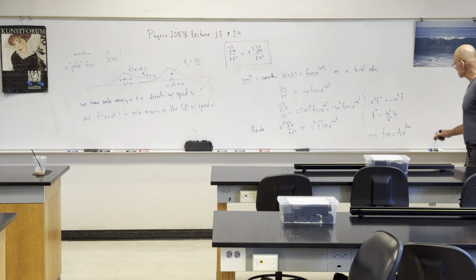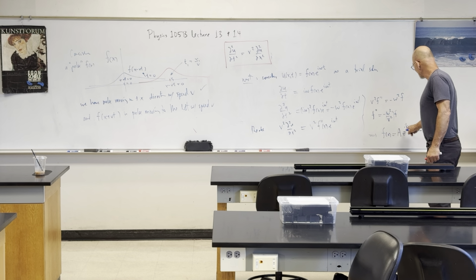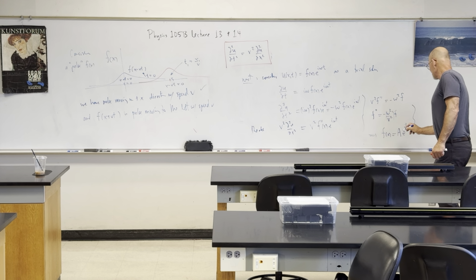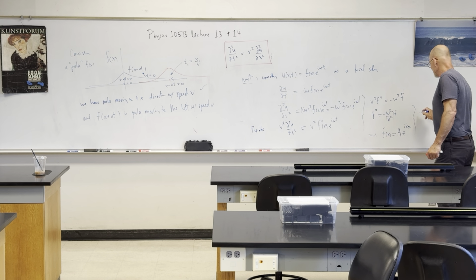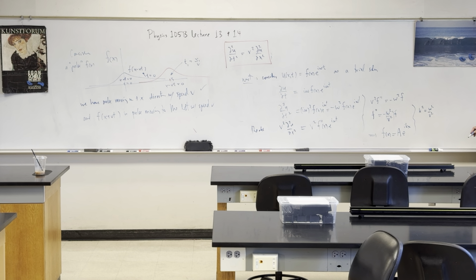We can match these things up here. Because what does the second derivative do? It gives us a negative constant again. So putting this together, we have k squared equals omega squared over b squared.